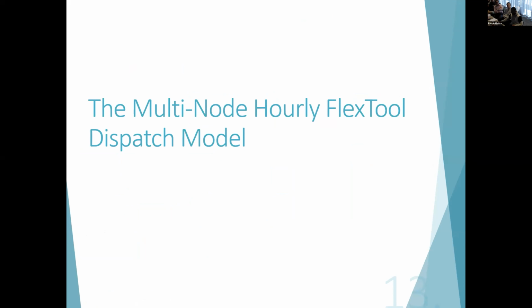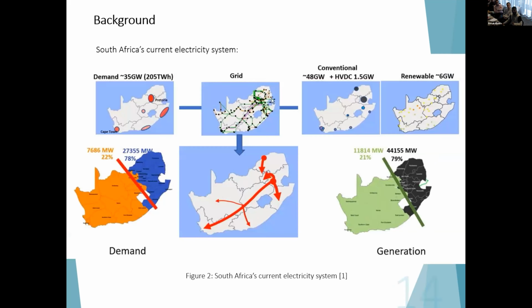So I'll start by giving a brief overview of the current South African electricity system. Currently we have around 35 gigawatts of peak demand, and most of it is located in the northern side of the country, as opposed to the southern side, by a split of roughly 80-20%.